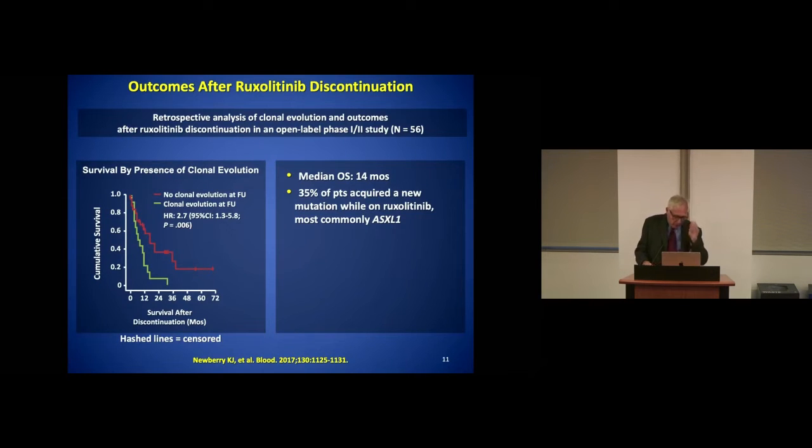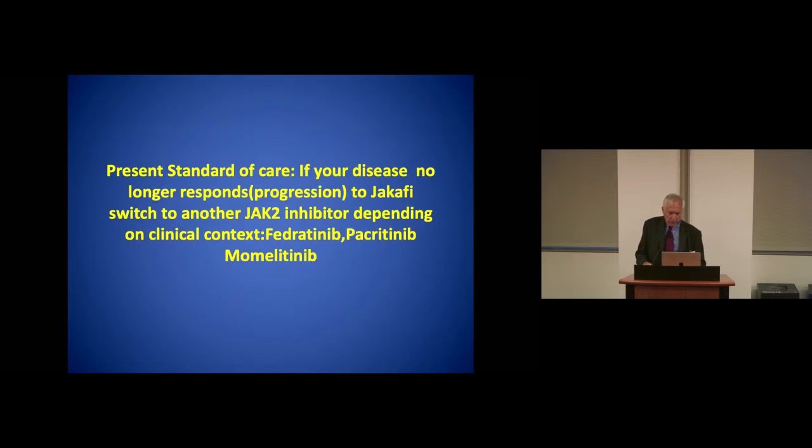The problem with JAK2 inhibitors is that when the patient's no longer able to survive, as you can see here, the median overall survival is essentially 14 months. And after about 5 years, approximately 83% of patients will no longer respond to one of these JAK2 inhibitors.